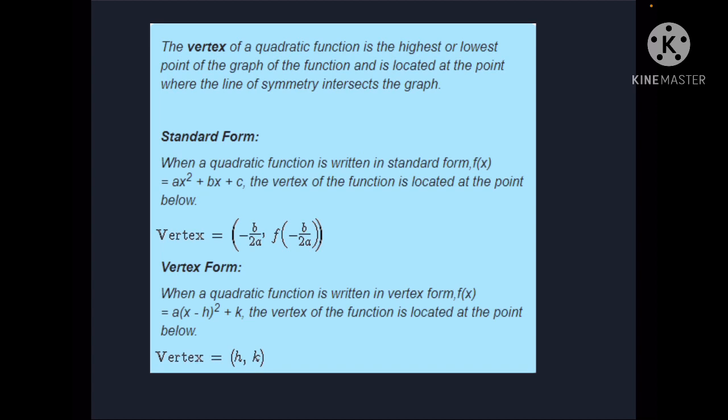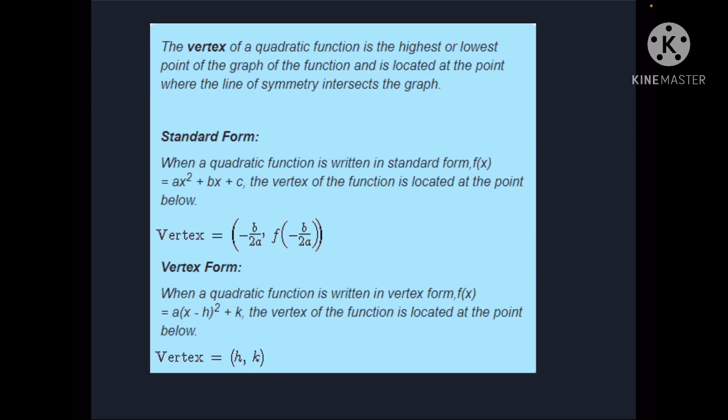For example, I have an equation, 2x power 2 plus 4x plus 9. Then how will I find the vertex? At first, negative b, what is the b? The 4.